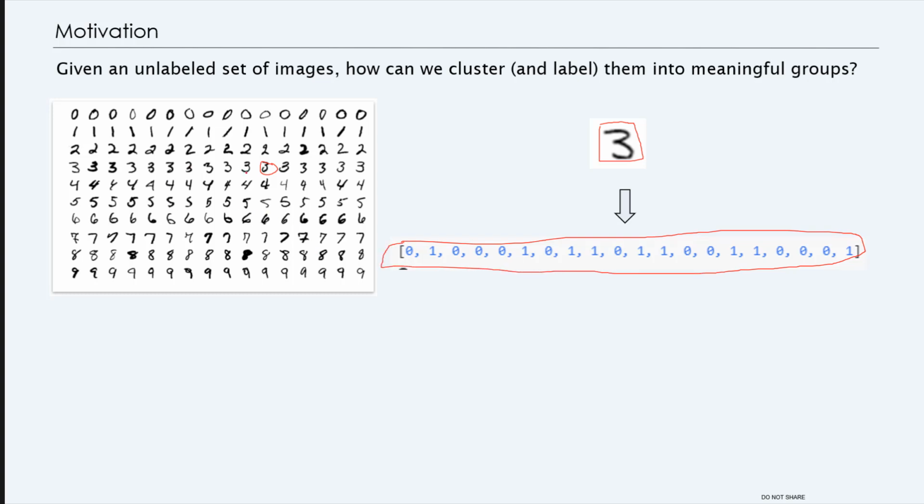Now you might imagine that if you take this vector and a vector that represents another three, that might be quite similar in terms of where the pixels appear. So the idea would be to see if we can find the close vectors, or group vectors into similar vectors, based on some criteria that will allow us to cluster these images.